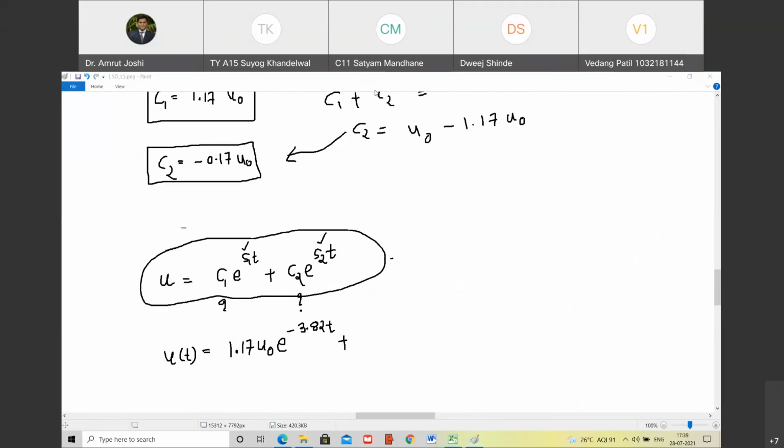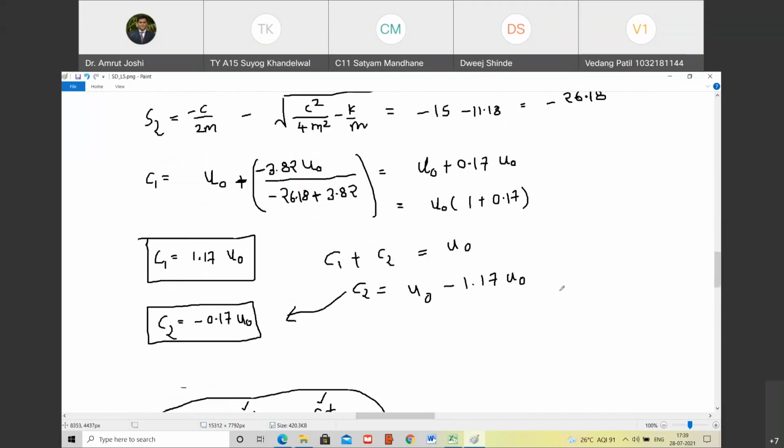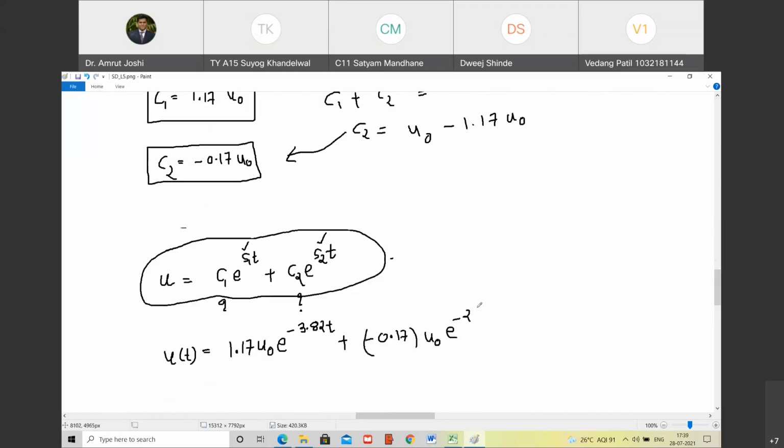Minus 0.17 U0. So 0.17 times U0 e raised to, what is S2? Minus 26.18 times T. Happy?